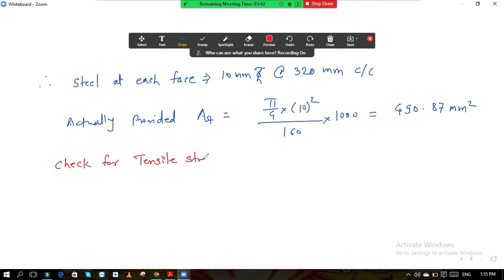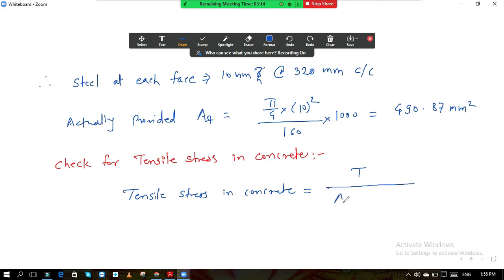The tensile stress in concrete is calculated as T divided by A plus (m minus 1) into AST.